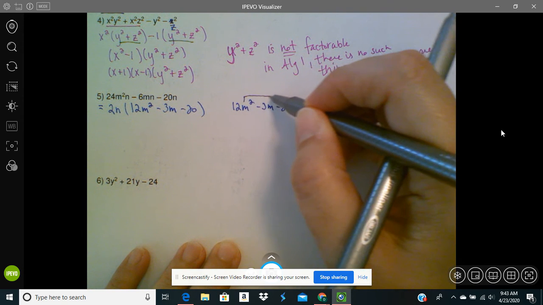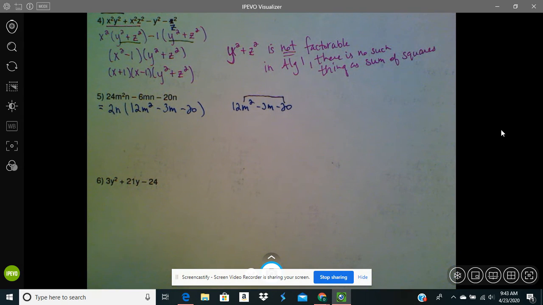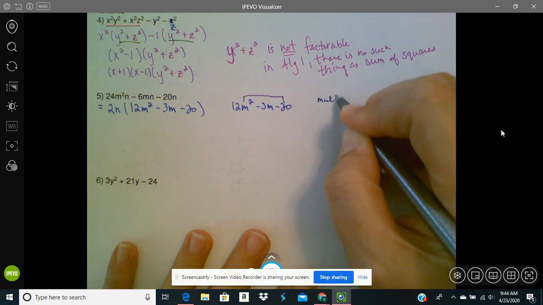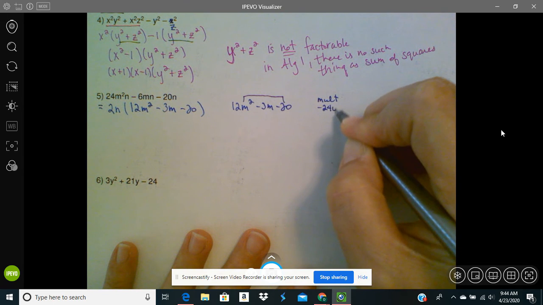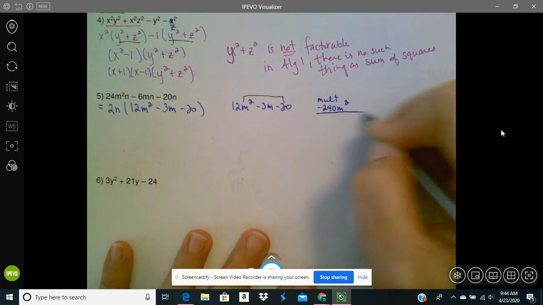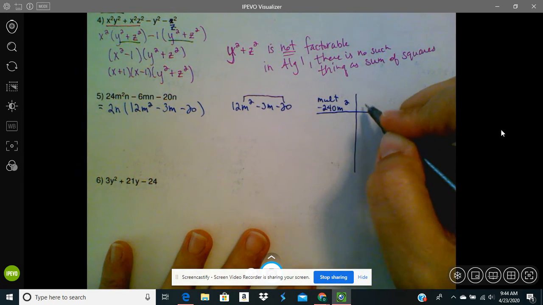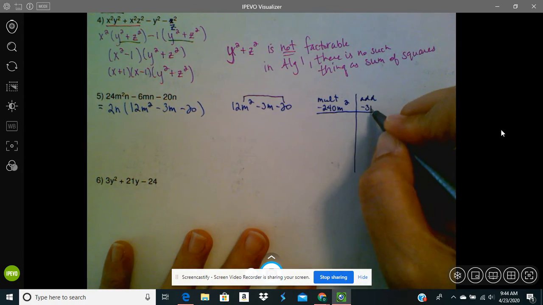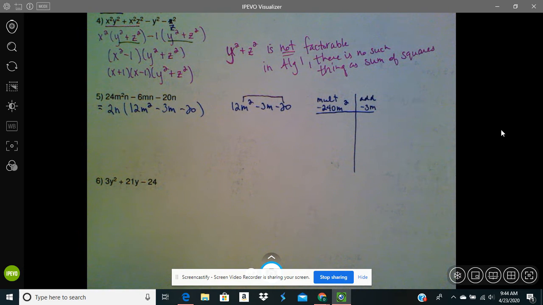I'm going to multiply these two numbers, and I get negative 240m squared. I'm going to find two numbers that multiply to negative 240m squared, and at the same time, they need to add to negative 3m.